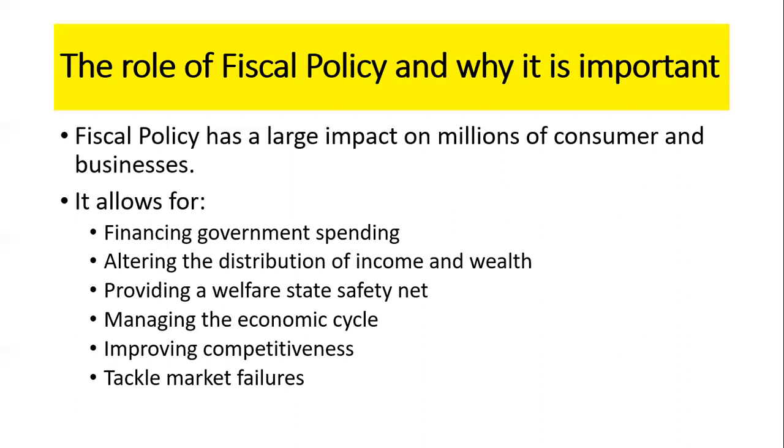Providing a welfare state safety net. There are some individuals who are unable to find work, and that is not always due to a fault of their own. It could be things like maybe they were born into poverty, and anyone that is born into poverty often struggles to get out of that poverty cycle. They find it more difficult to get jobs than others.